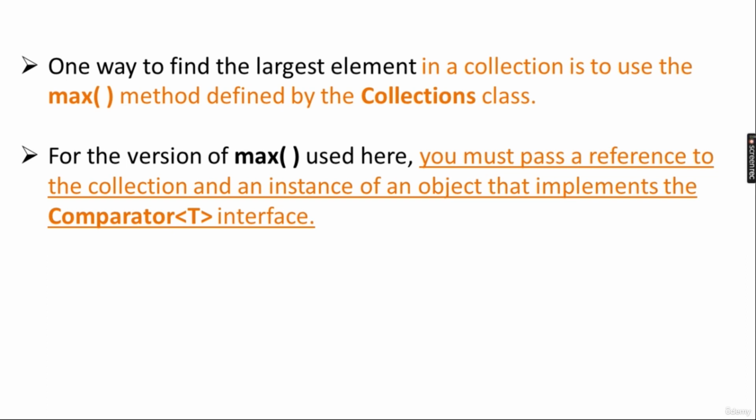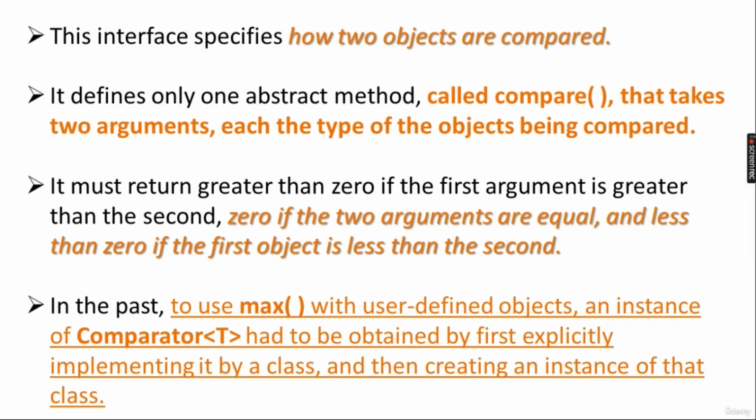For that, you must pass a reference to a collection and an instance of an object that implements the Comparator interface. This interface specifies how two objects are compared. It has only one abstract method called compare that takes two arguments, each the type of object being compared.